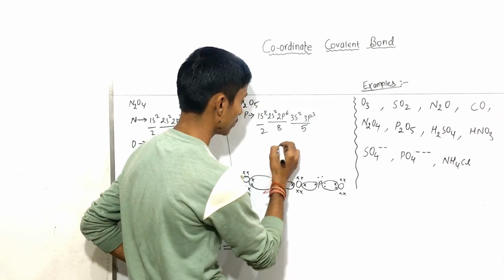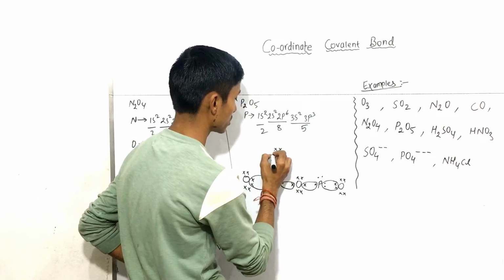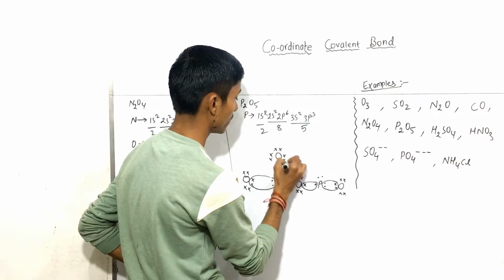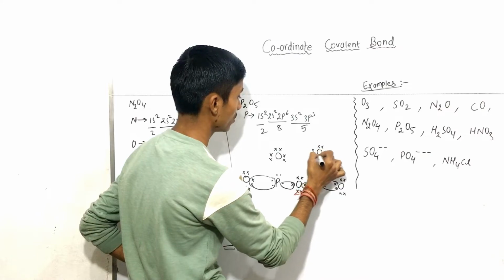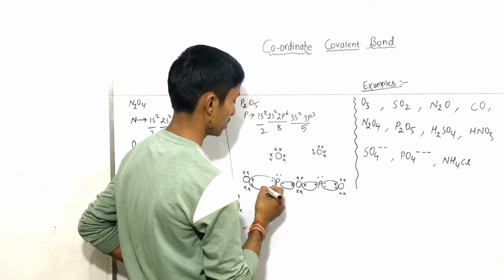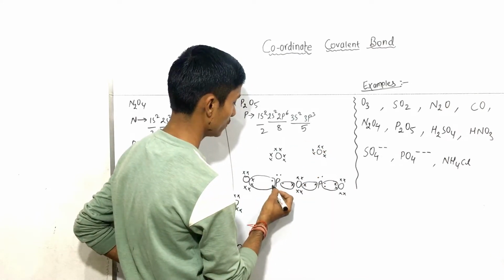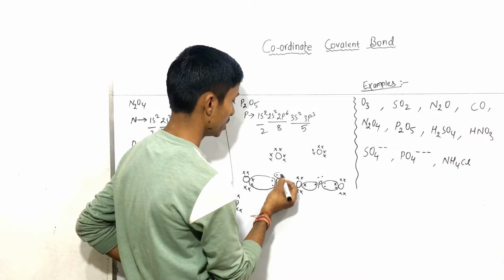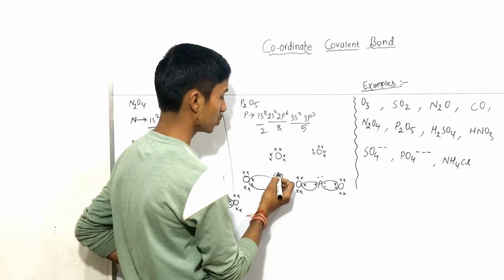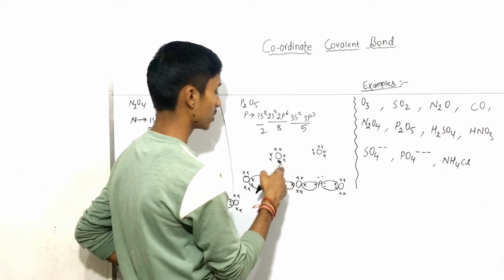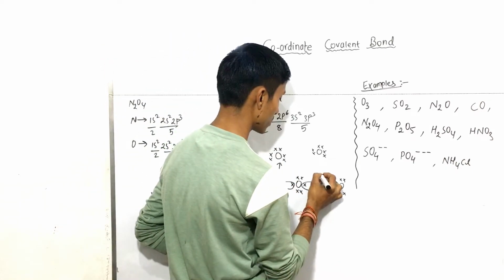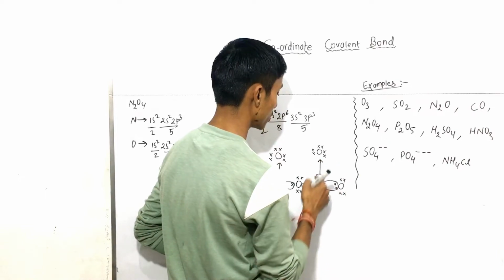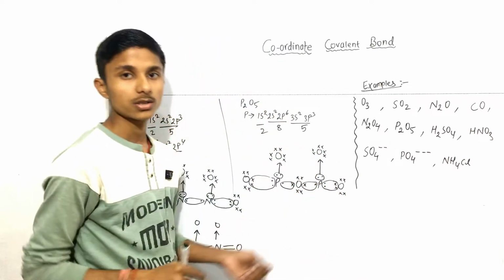So here we write oxygen 1, 2, 3, 4, 5, 6. Similarly this side also 1, 2, 3, 4, 5, 6. Now this 1, 2, 3, 4, 5, 6, 7, 8, an octet state is achieved. So this can donate one pair of electron to this oxygen atom. Similarly this phosphorus atom can even donate one pair of electrons to this oxygen atom.